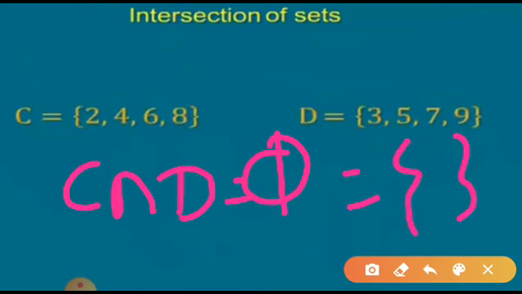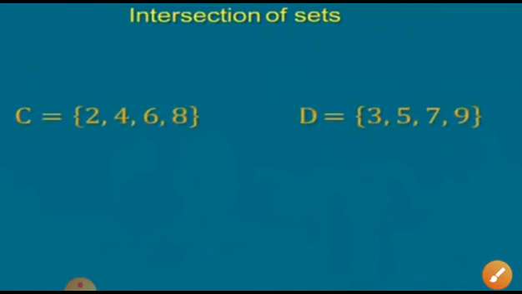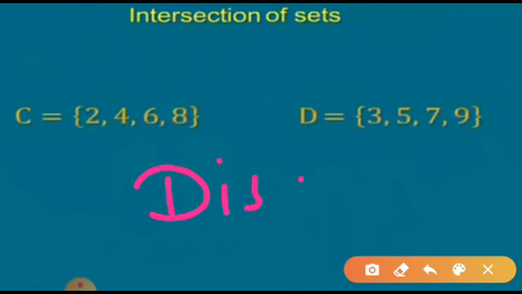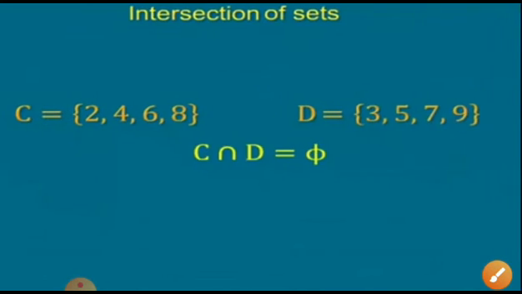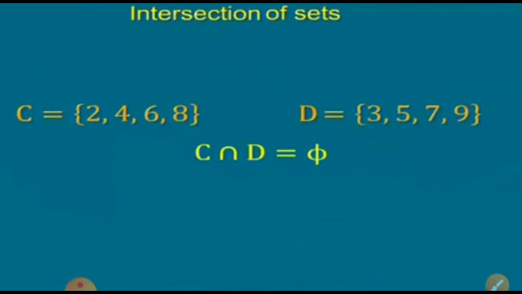So if there is no common element between the two sets, then the sets are called disjoint sets. Disjoint means they are separated. Clear? So here we have C intersection D is equal to the empty set. Now suppose I represent this as a Venn diagram.